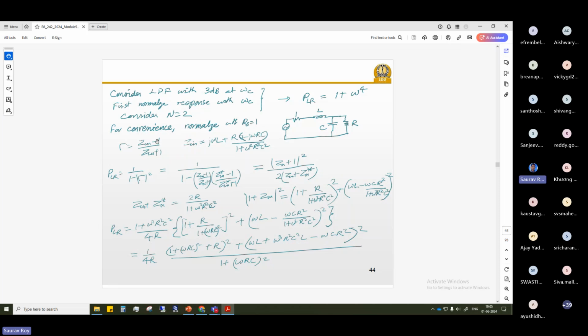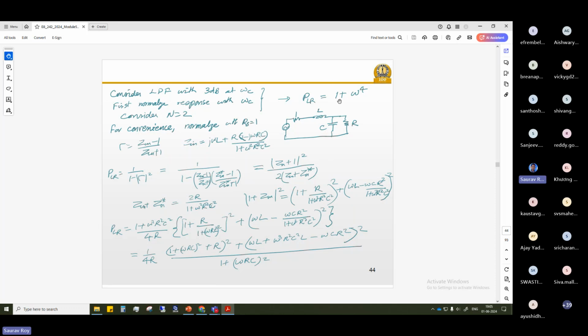The first thing you have to calculate is the capital gamma or reflection coefficient. Looking towards the LCR network, you can find out what the input impedance is. Once you know the input impedance, you can calculate the loss ratio from it. So these formulas are already given.